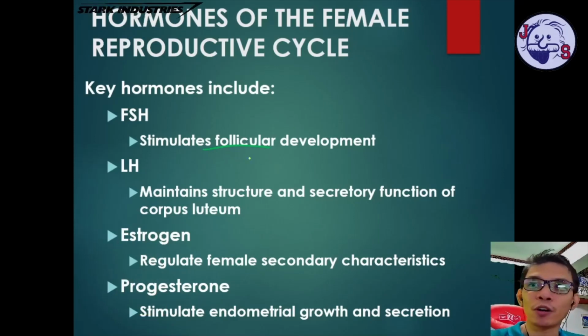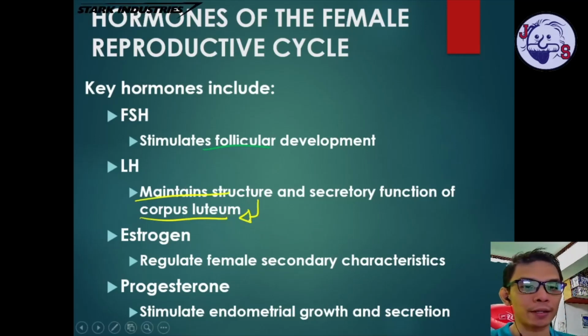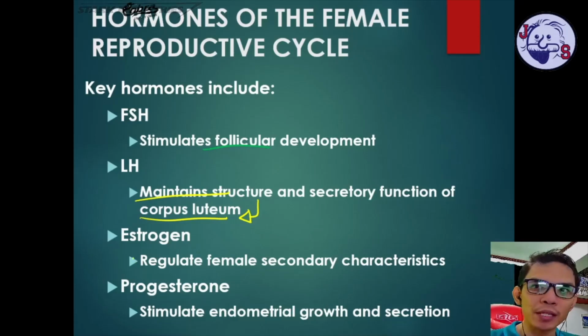Then the luteinizing hormone targets the corpus luteum, for it to maintain the structure of this temporary organ. That's the function of the luteinizing hormone. Then the estrogen is secreted afterwards, and we have the progesterone.